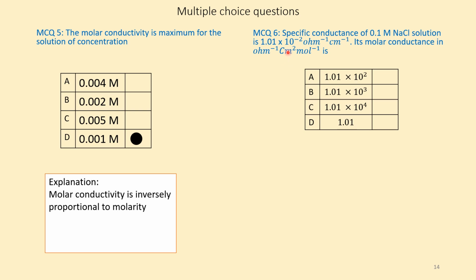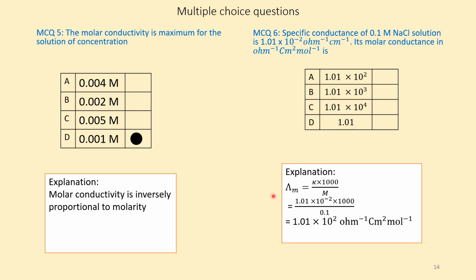MCQ. Then next, specific conductance of 0.1 M NaCl solution is 1.01 into 10 to the power of minus 2 per ohm per centimeter. Its molar conductance in ohm inverse cm square mole inverse is, four options are given. You have to make calculation and calculate the molar conductance.